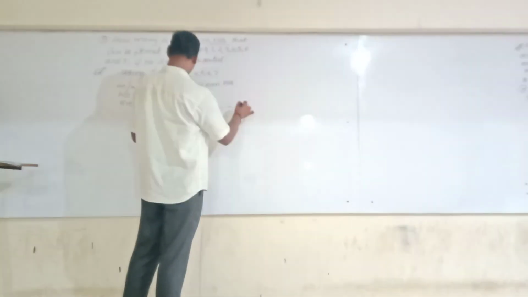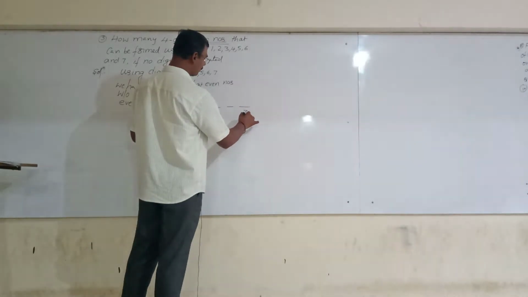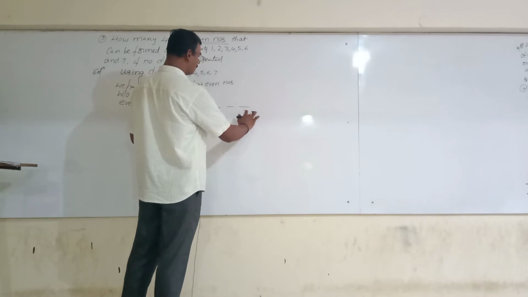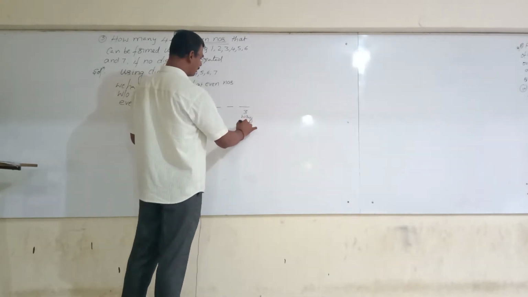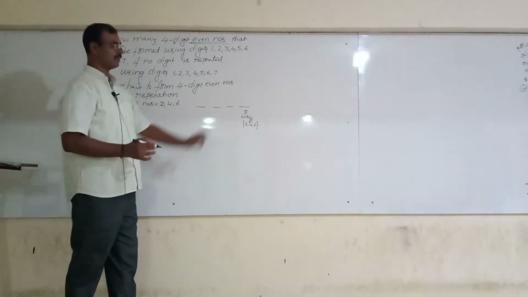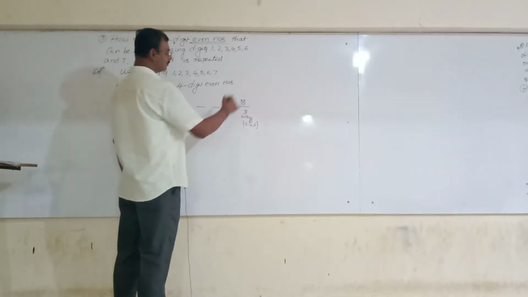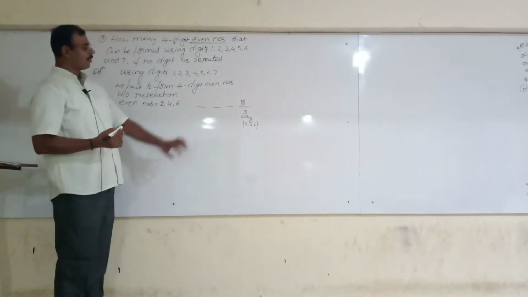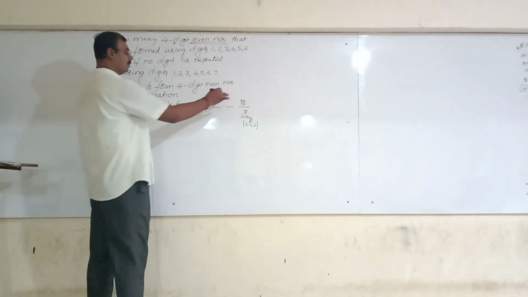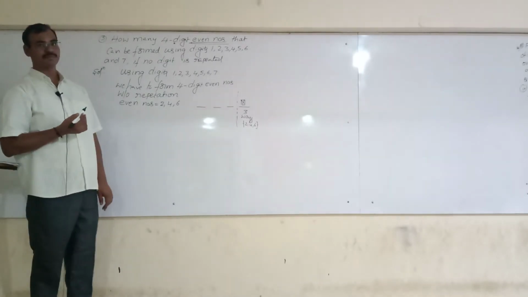Either 2 or 4 or 6, so the number of ways is 3. So the allowed numbers are 2, 4, 6. It means one of the numbers has gone into the unit place. Take a pause, having filled the unit place.